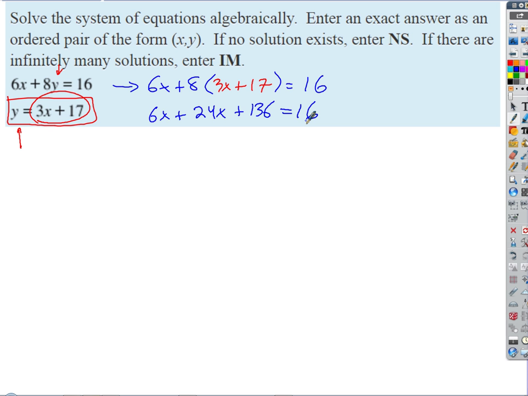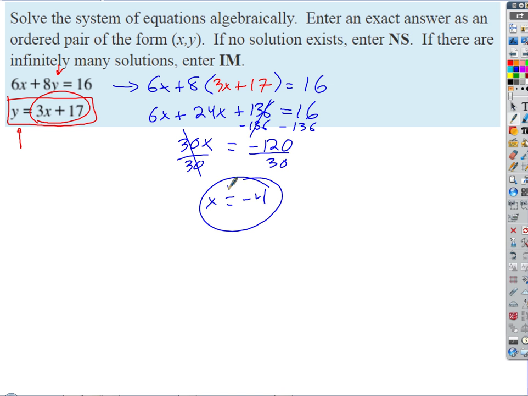Then if we combine like terms, 6x plus 24x is 30x. If I subtract 136 from both sides, I would get negative 120. Then I've got 30x equals negative 120, divide each side by 30, and get x equals negative 120 over 30, which is negative 4. So there's my x value.